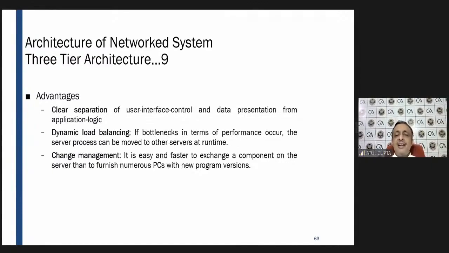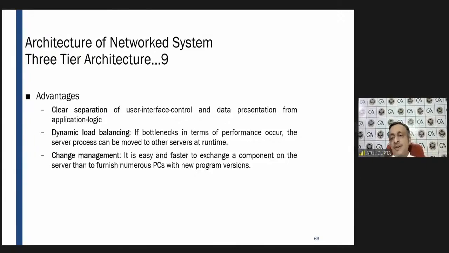Advantage is clear separation between user interface and data presentation, because application, the logic, is separate. Logic is not built in presentation or database tier. So this indicates something very important. There are few words I'll be using: data analytics, business intelligence. What is data analytics?